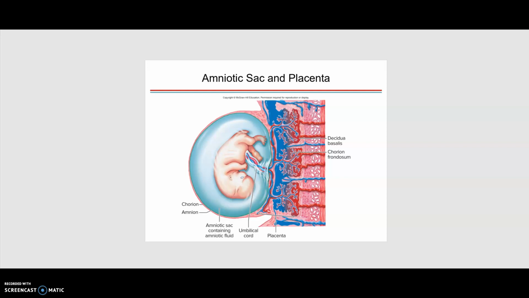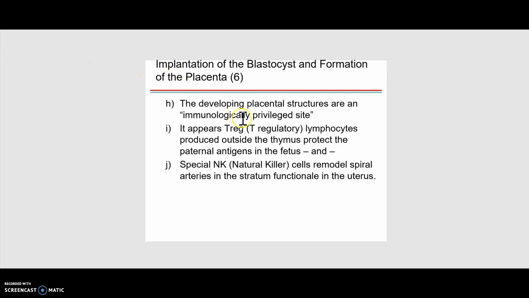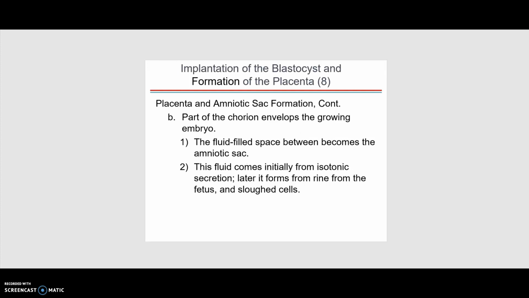Okay, class, we ended a little abruptly last time, but I want to get back to the placenta again. Here again is the placenta. We want to concentrate this video on the placenta. We talked about the immunologic privilege of the placenta. We talked about the chorion.